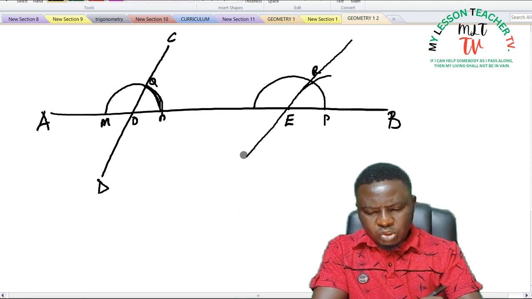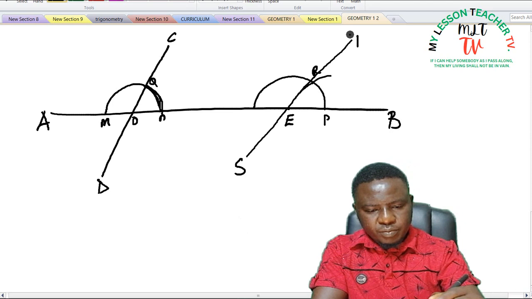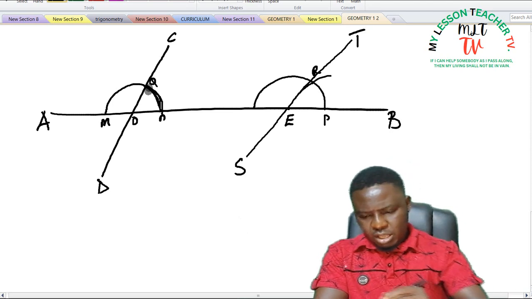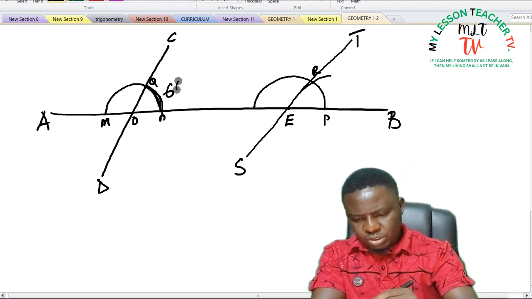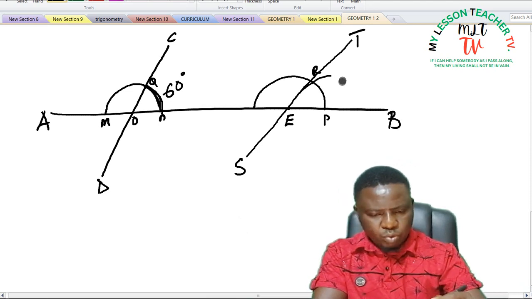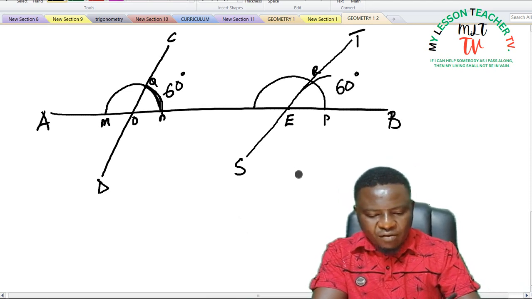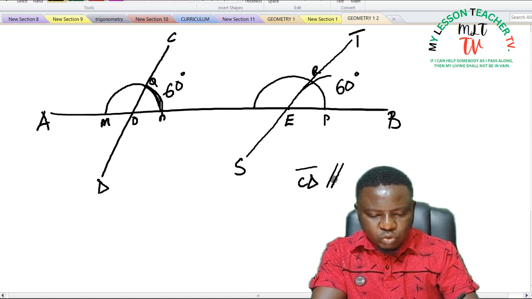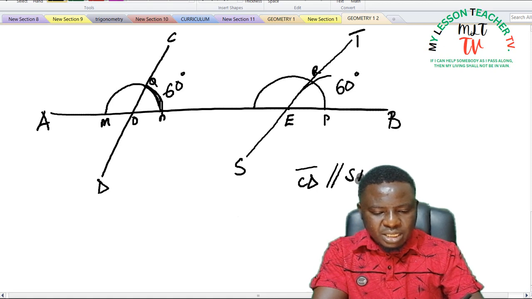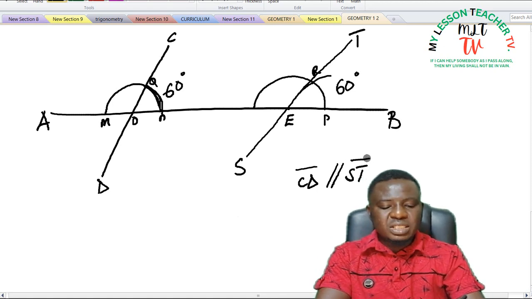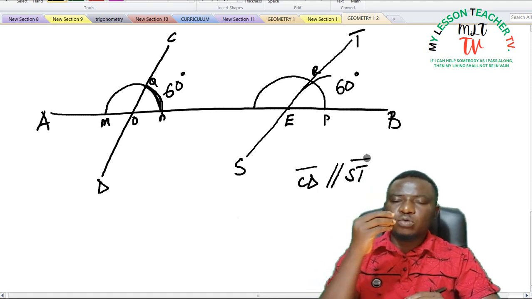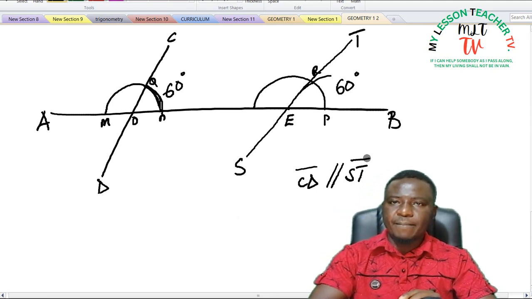Let's call this line ST. So if this angle is said to be 60 degrees, for example, this is also 60 degrees. And by that, you have it that line segment CD is parallel to line segment ST. So this is how you can draw two parallel lines together.